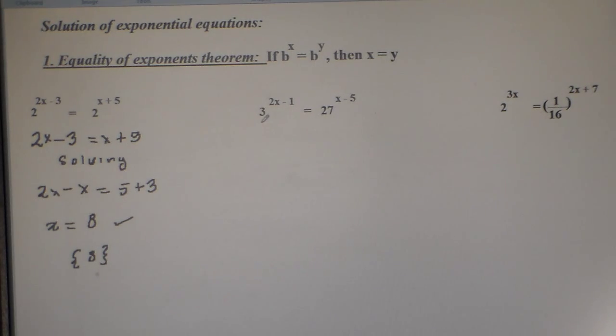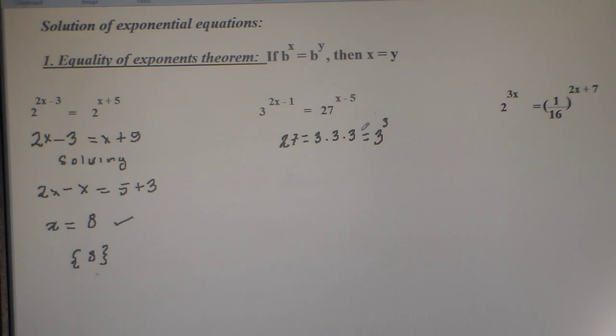When you look at the second case, we have different bases. The question is if I can do a transformation over my equation to get the same basis. I know that 27 is 3 times 3 times 3. That means it's 3 to the third power.